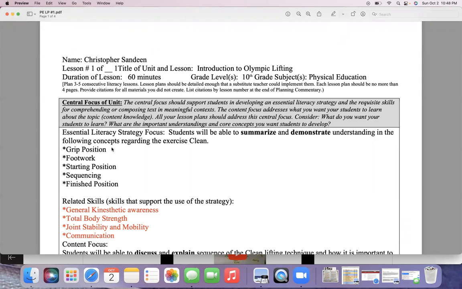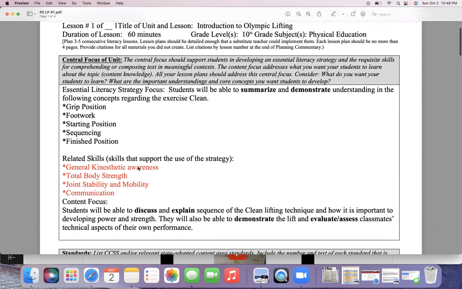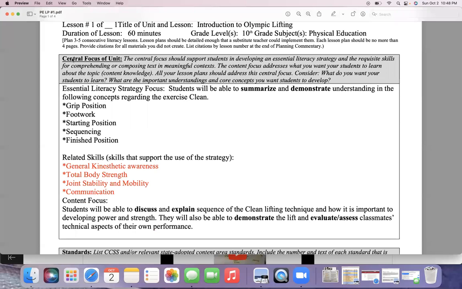So the first part here is the central focus of unit. Basically, what we want our students to learn about this topic and just breaking down the different concepts. And then we also have the content focus here.